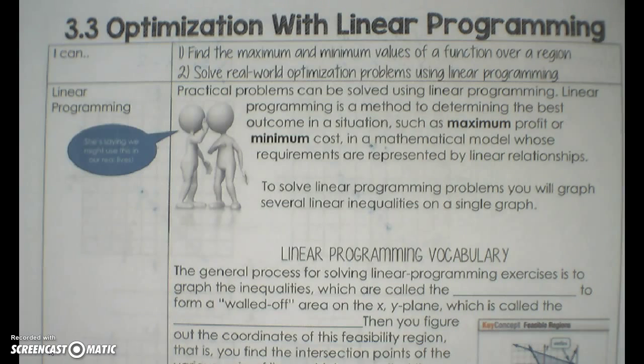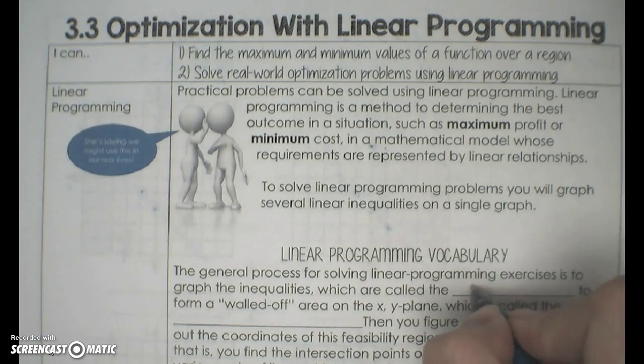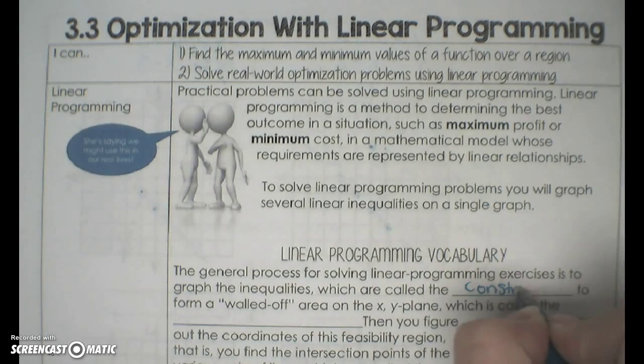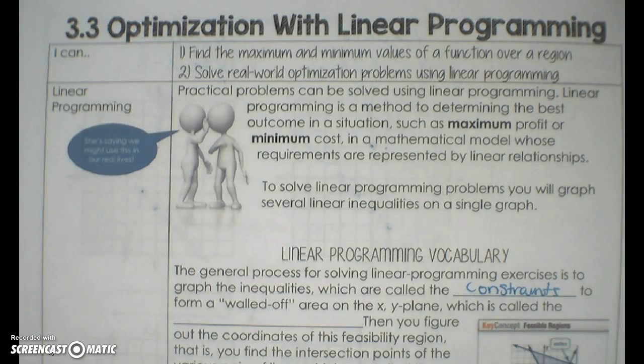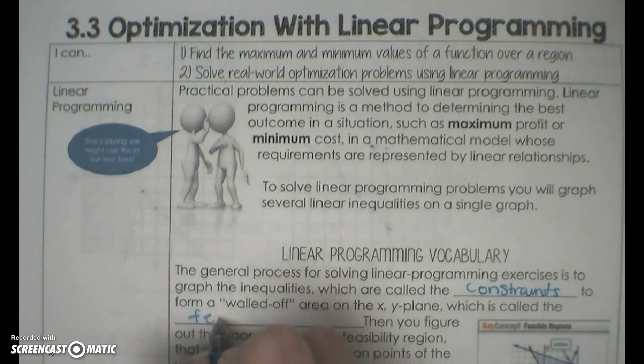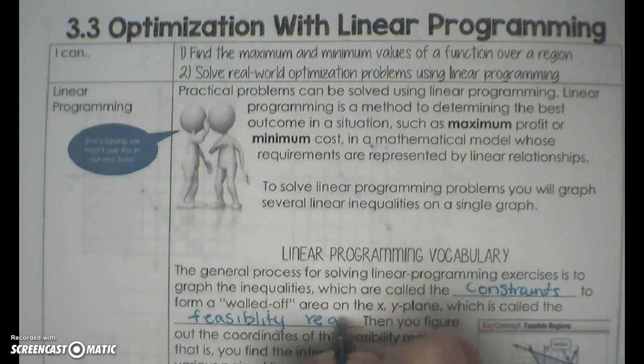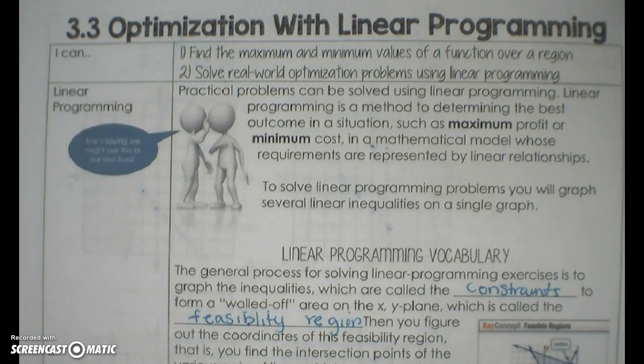The general process for solving linear programming exercises is to graph the inequalities, which are called the constraints, to form a walled-off area on the x and y plane, which is called the feasible region, or feasibility region. Then you figure out the coordinates of this feasibility region.